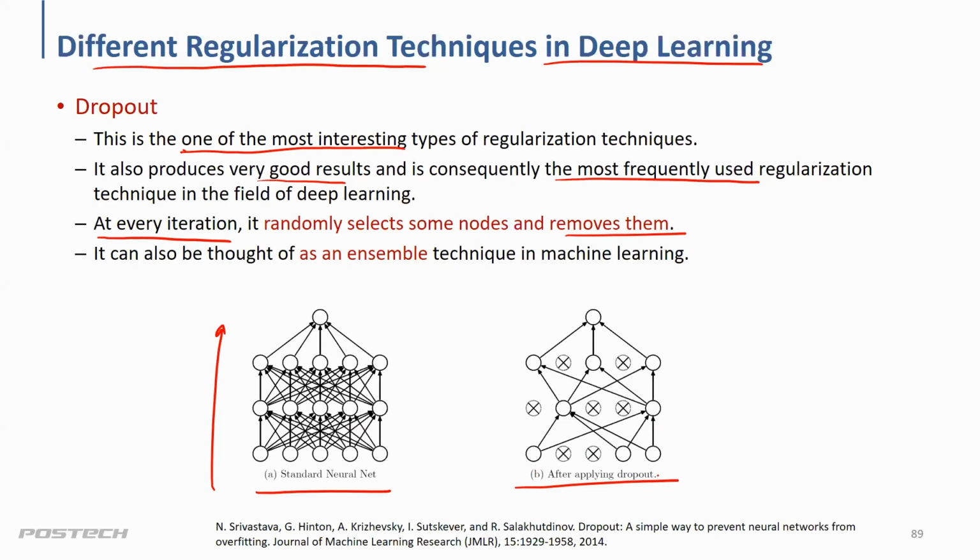Then you train in that iteration. In the next iteration, forget about this, and starting from here, randomly select other neurons, okay? Then train.